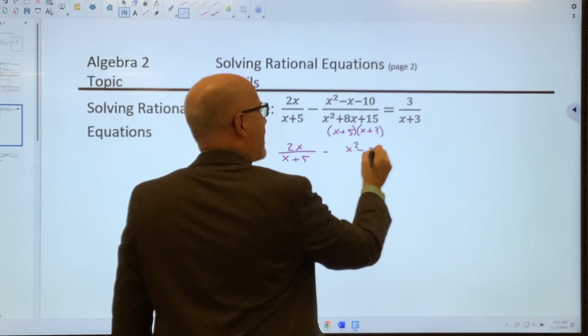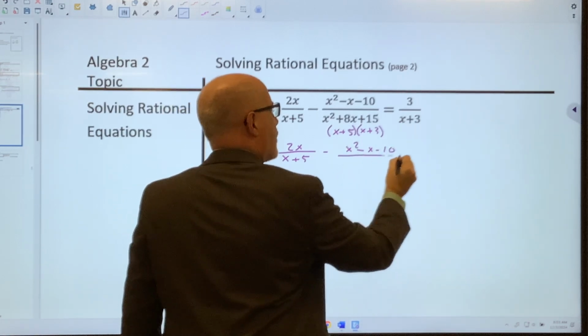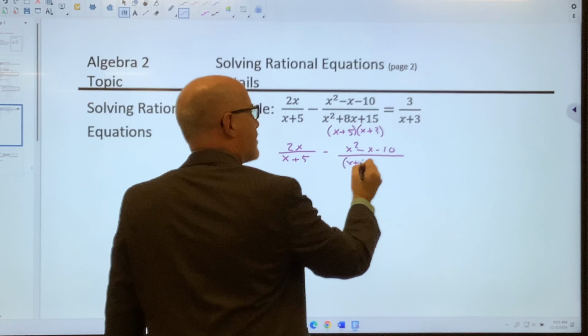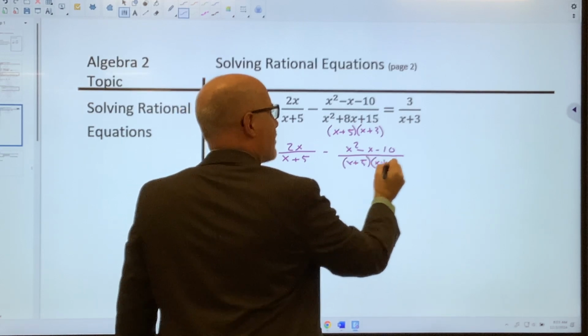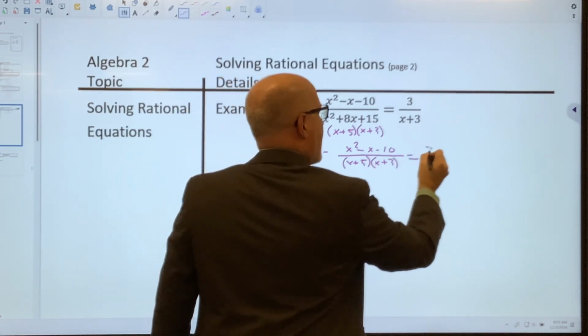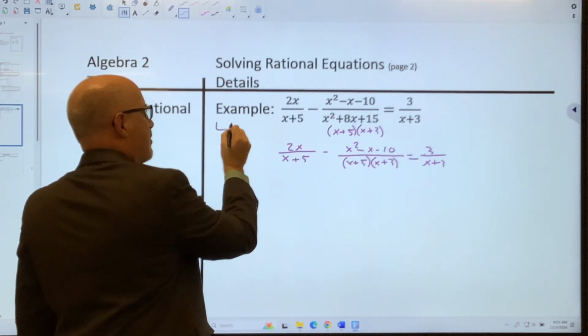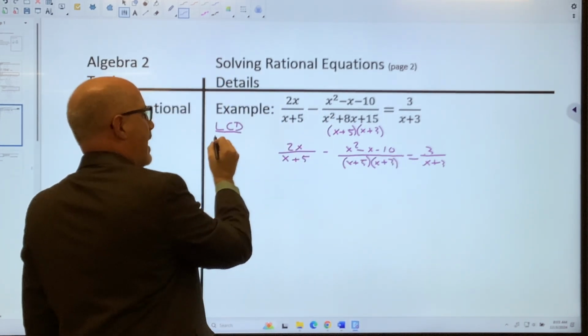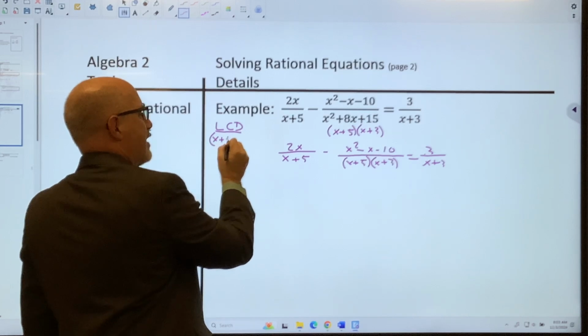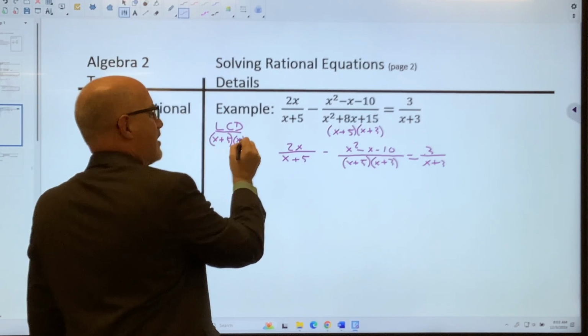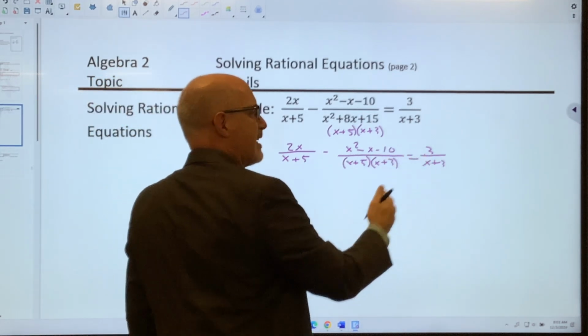Now I'm not going to factor this numerator, just leave it alone. You're only factoring the denominators. Okay, now I'm going to find my LCD. I'll put that over here. My LCD is equal to x plus 5 times x plus 3. I take each of those factors. I don't have to take it a second time.